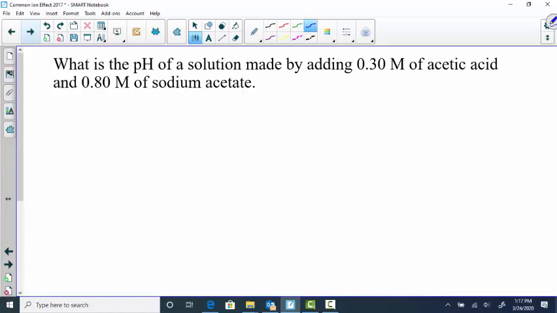Now, what I want to do is calculate what would be the pH of a solution if I have 0.3 molar acetic acid and 0.8 molar sodium acetate mixed together. Okay, now, what you need to recognize is that is our acid, and sodium acetate is our salt that we're going to add.